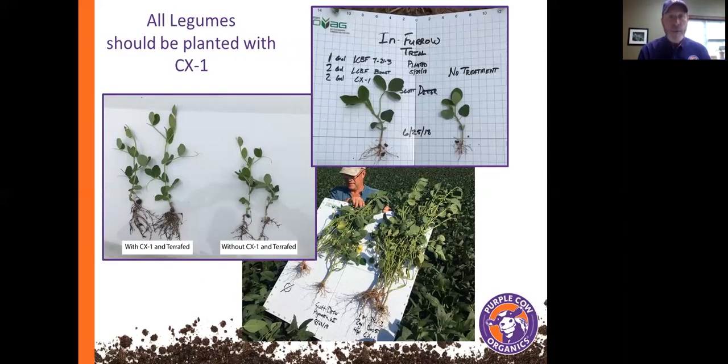So when we take a good sound system that has carbon included as a carbon base in fertility, in both dry and liquid form, and then we inoculate with a broad spectrum, robust biological, we can see immediate things, certainly in legumes.